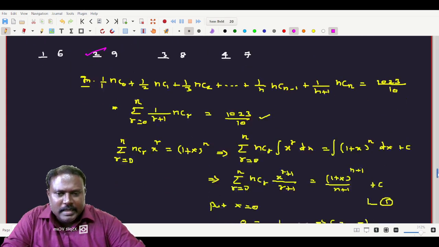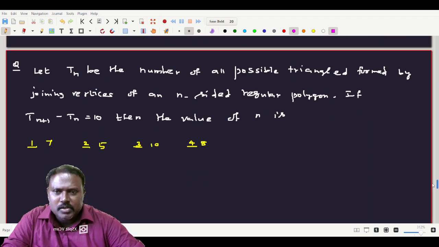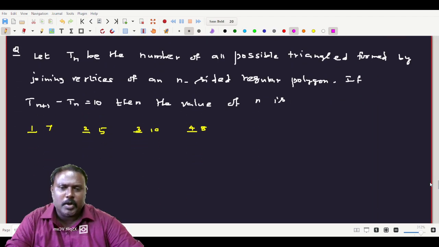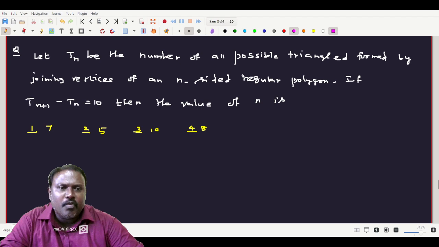Let us discuss one more problem. Actually this is a very nice problem. So let us discuss this problem. Let Tn be the number of all possible triangles formed by joining the vertices of an n-sided regular polygon.